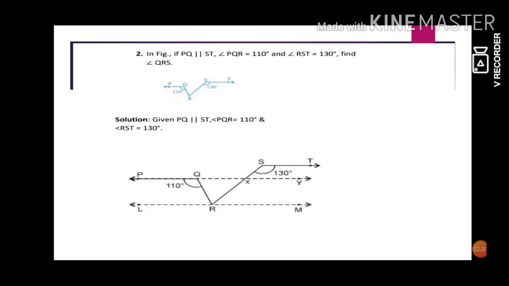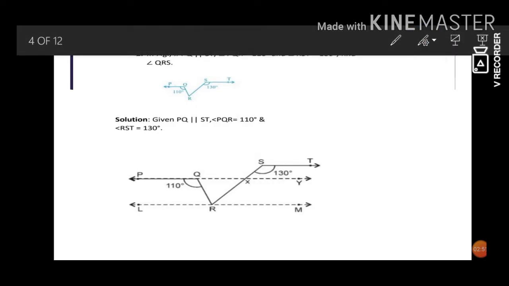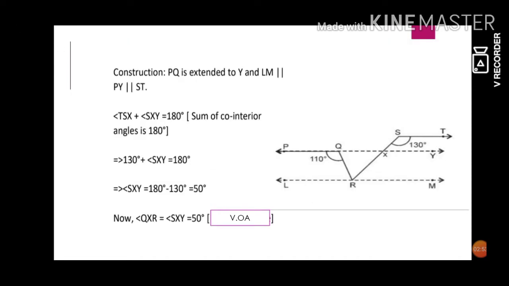Now in question number 4 we have PQ is parallel to ST, angle PQR is equal to 110 degrees and angle RST is equal to 130 degrees. We have to find angle QRS, that means this included angle.